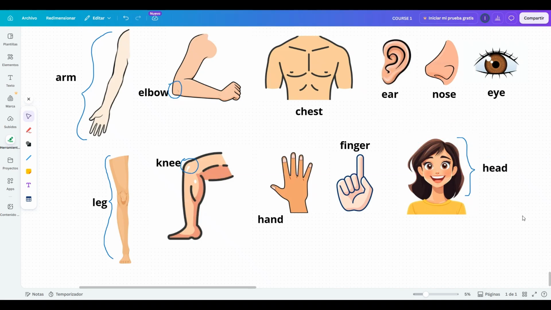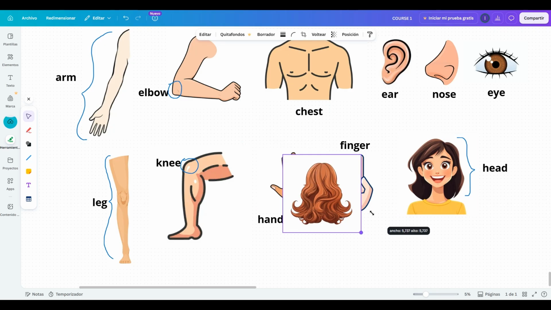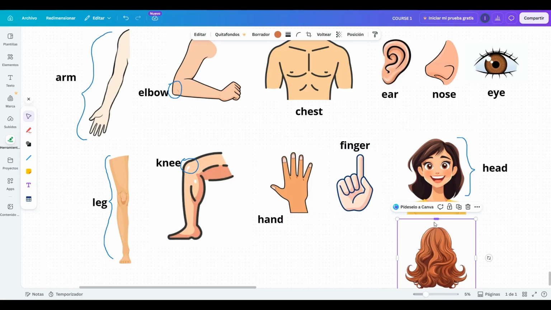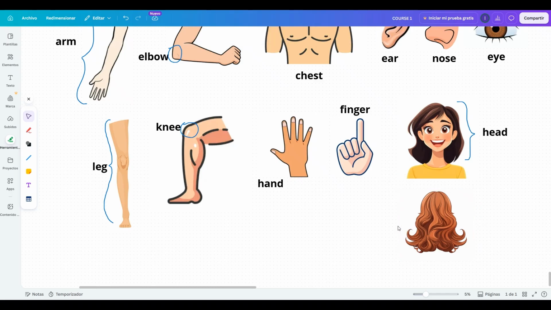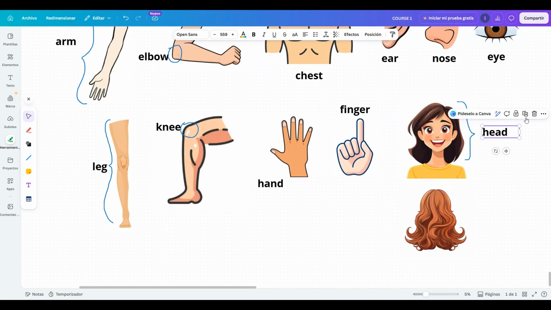Or maybe I can use another picture, right? This is a head. Okay. And what about hair? Pay attention, please. This thing is hair. All kinds of color, right? It's hair, long hair, right? Long hair. This is hair. Don't confuse. Hair, head, hair, head, hair.